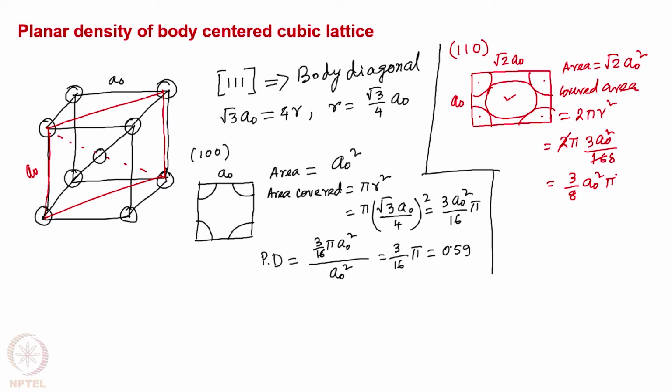Therefore, the planar density would be 3 pi A0 square by 8 divided by root 2 A0 square. So this value would turn out to be 3 pi by 8 root 2, which is equal to 0.89.